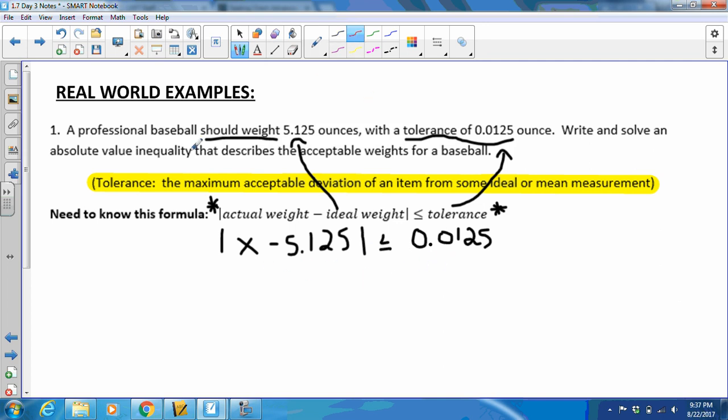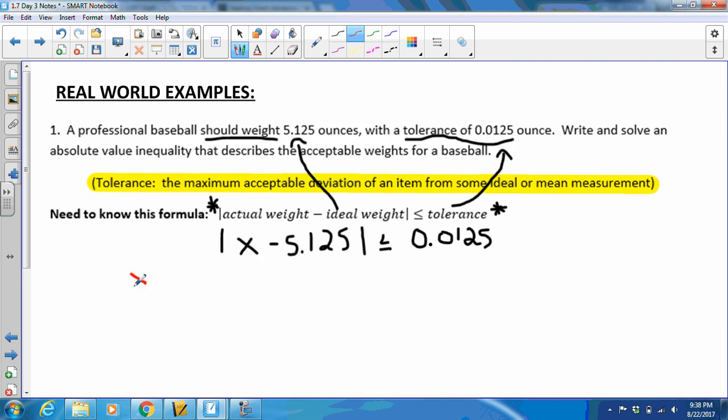Now, we're not done, because it also said to solve this absolute value inequality. So we are going to find the minimum and maximum weight of the baseball. Remember, to figure this out, we have to create two inequalities.